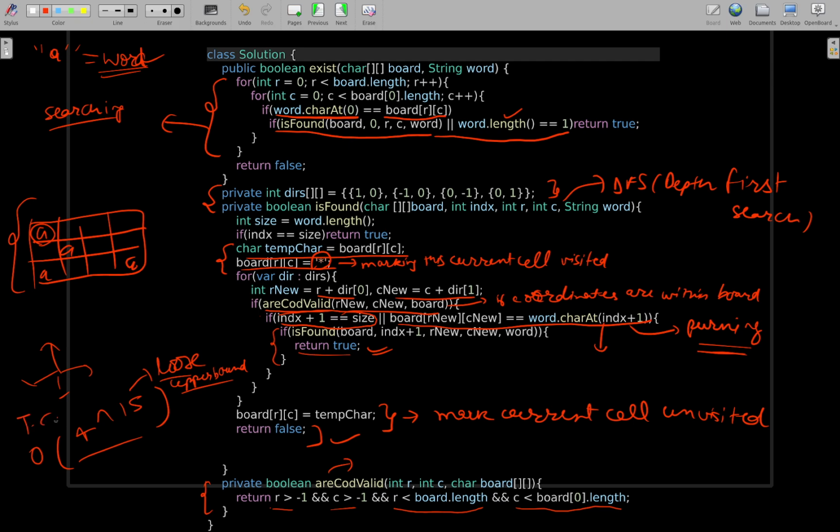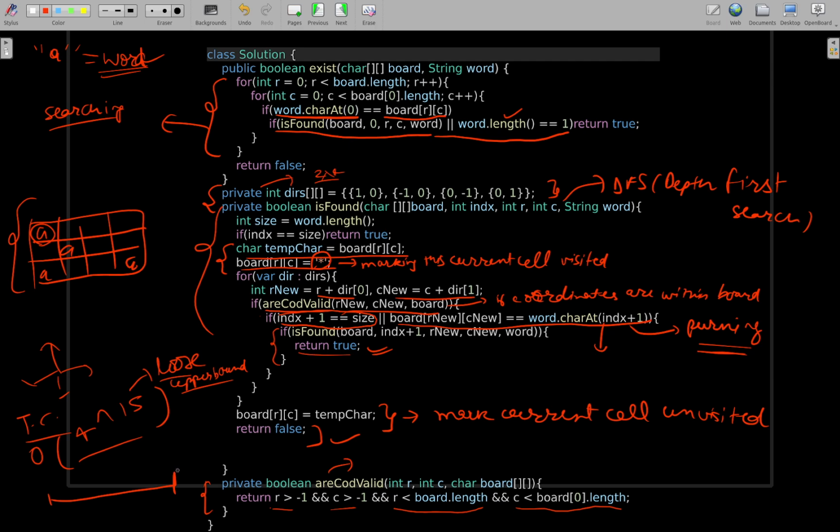And as far as the space complexity is concerned, what you are using here is just a 2 into 4 size array. And this whole DFS will be using a recursion stack, and that recursion stack will have a size equal to the maximum depth of a branch possible.